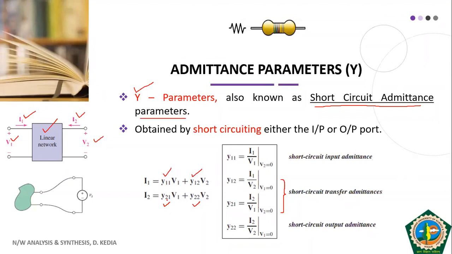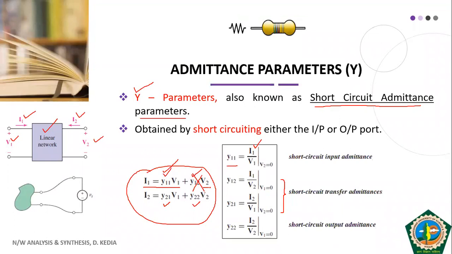So how will we obtain the values of these Y parameters? This is what we have to see. In this equation, if we want to find out the value of Y11, then what do we need? We need this term to be 0. If we want to find Y11, Y11 will be I1 upon V1, and this term will be 0 if V2 is 0.